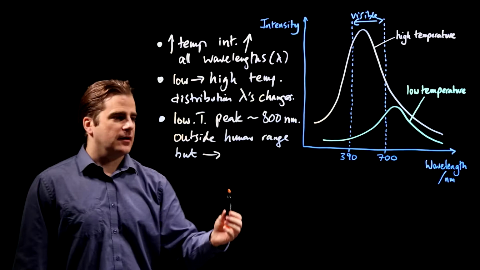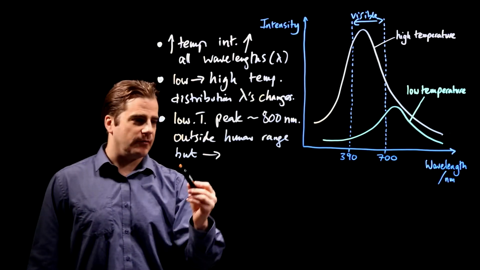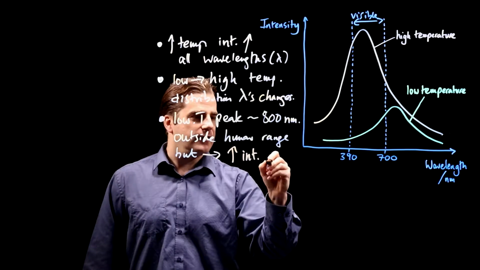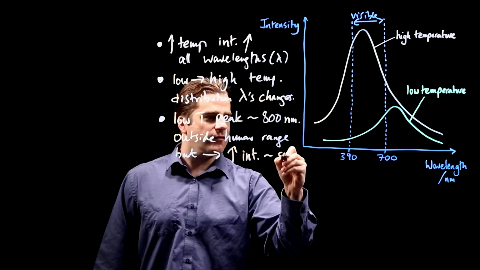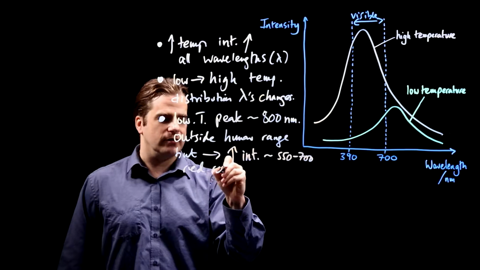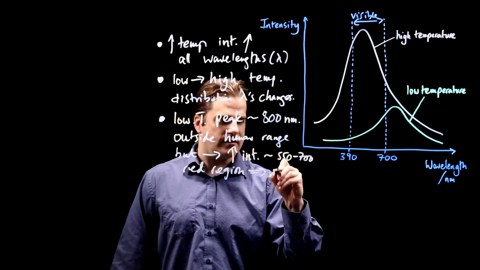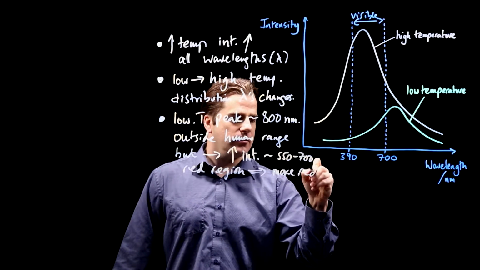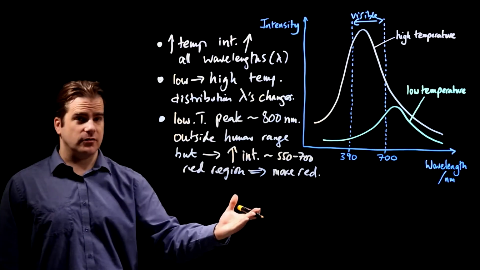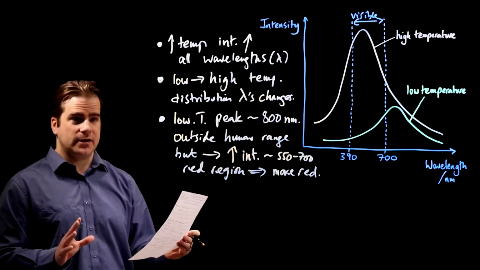That's it. So how am I going to summarize this quickly? Low temperature, the peak's 800, outside human range, but greater intensities in the 550 to 700 red region. Therefore, it's more red. You getting the idea of how to do these sort of questions? So we're well on our way to 4 marks.